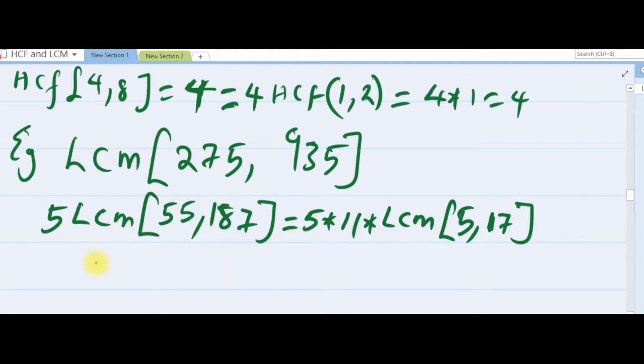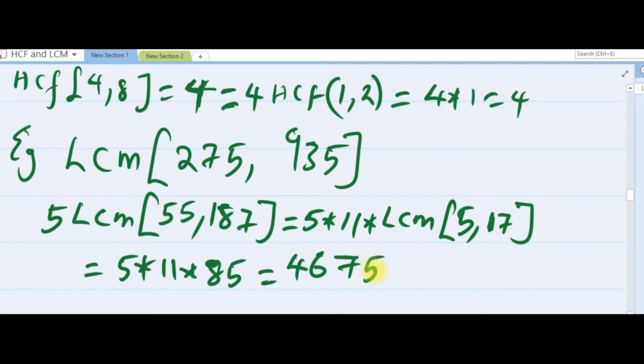So our answer is now 5 times 11 times the LCM of 5 and 17, which is their product because they share no common factor, which is 85. So our final answer is 5 times 11 times 85, which is 4675.